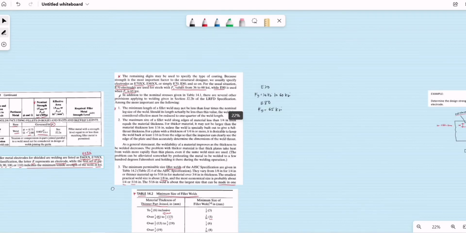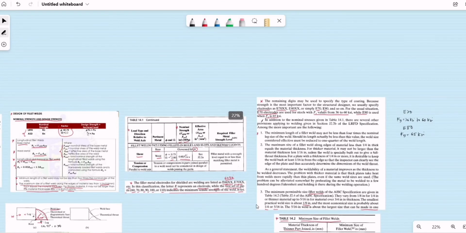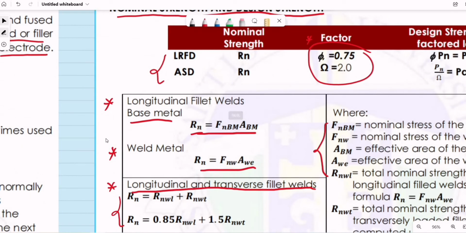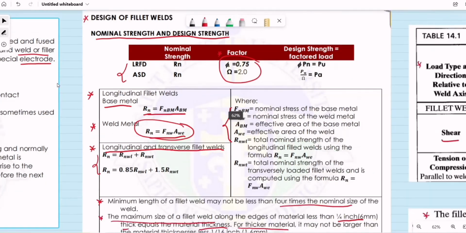So from our reference, we'll be using this formula. When it comes to the strength of the weld metal, we'll be using this equation. R sub n is equal to F sub n W, A sub W E.